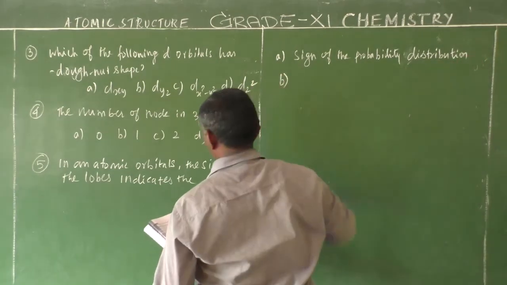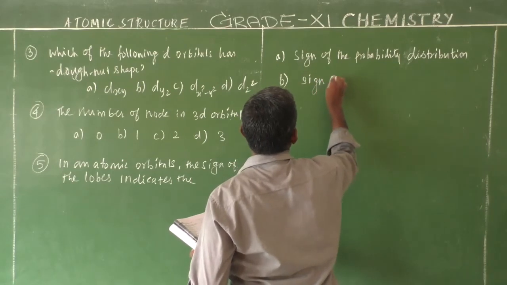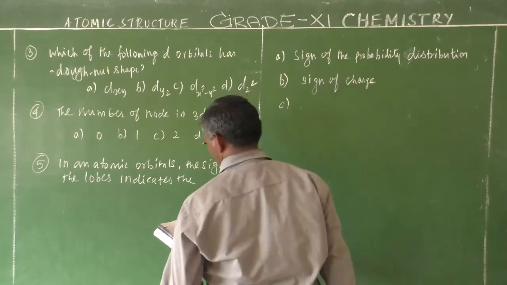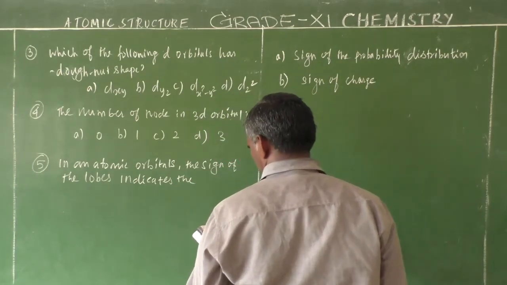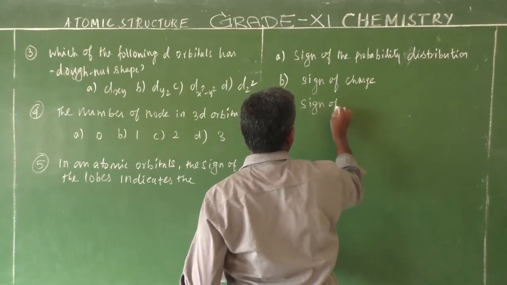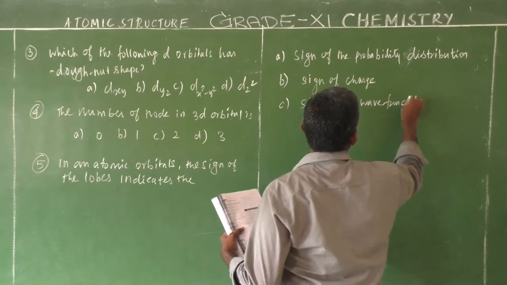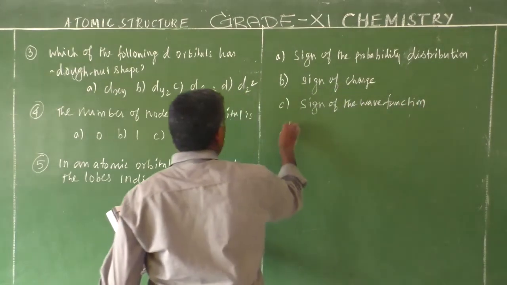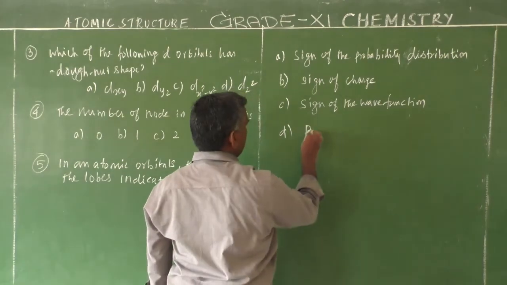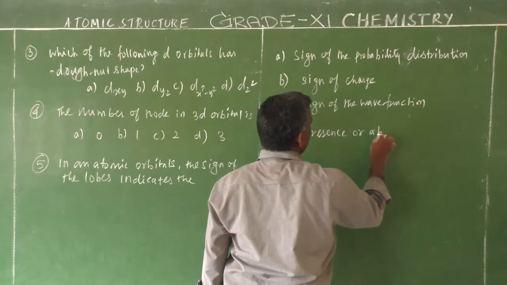Option B, sign of charge. Option C, sign of the wave function. Option D, presence or absence of electron.